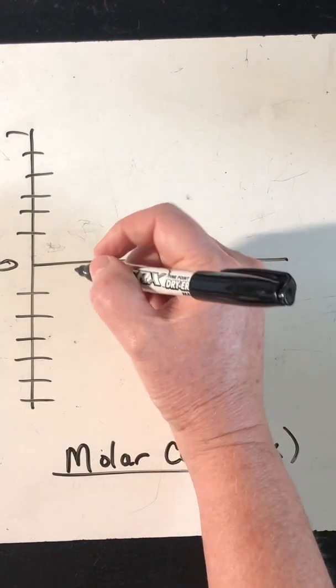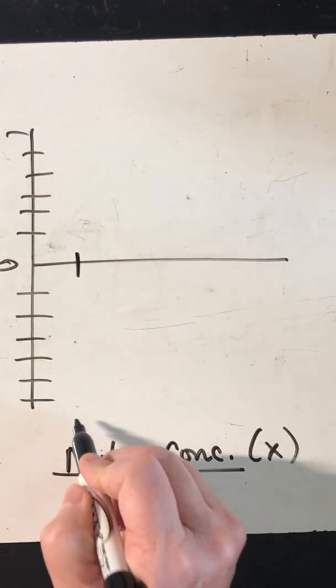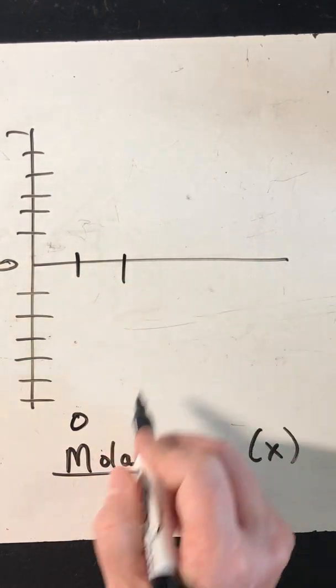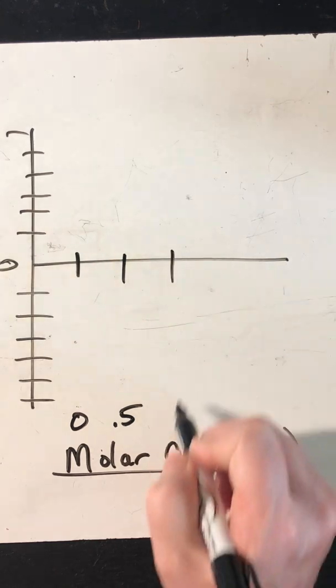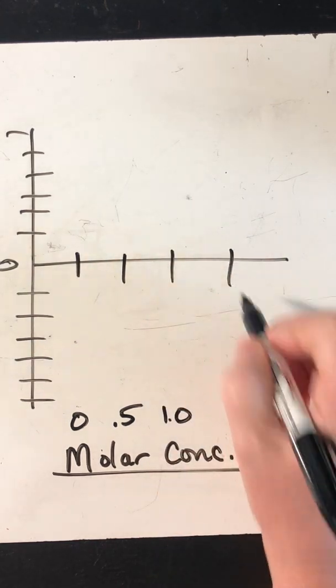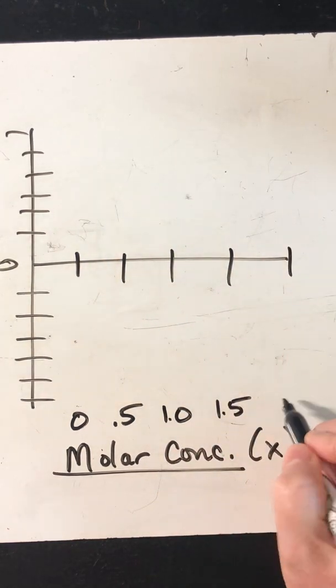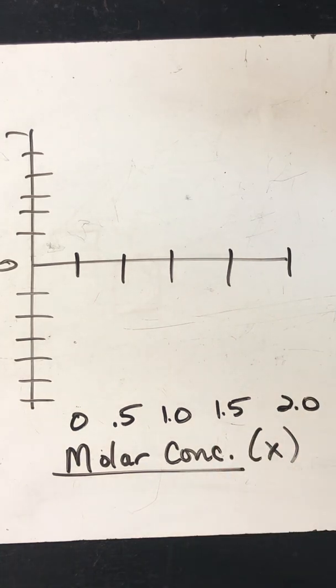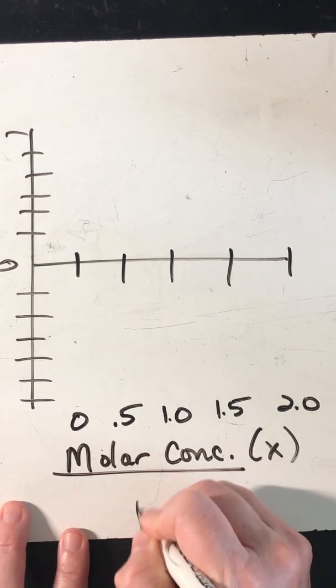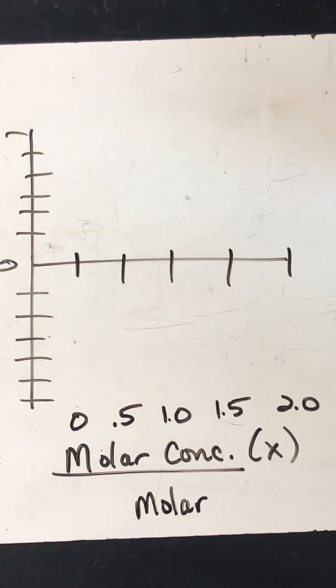You can't skip it, okay? So your molar concentration should have been evenly spaced out, your 1.5, okay? And then so this would be molar. And those are the solutions you're going to put it in.